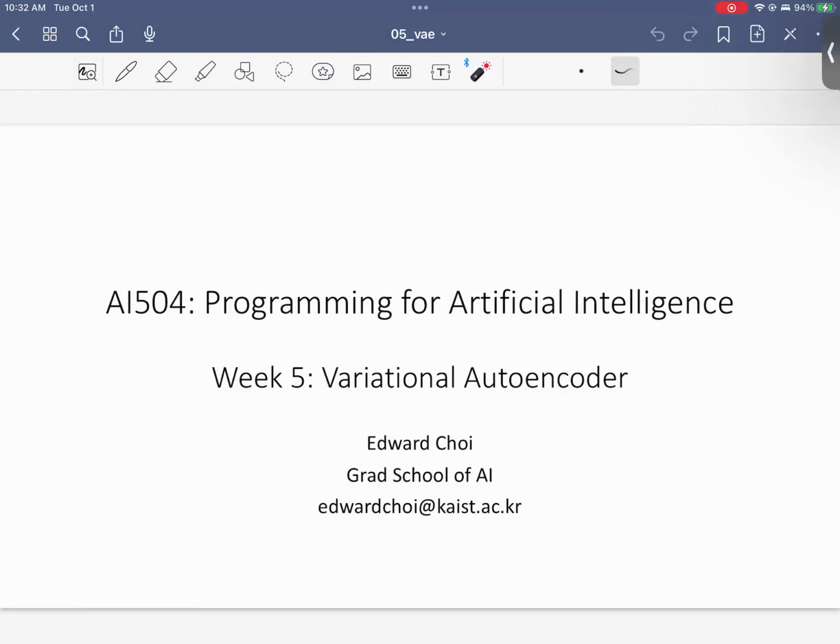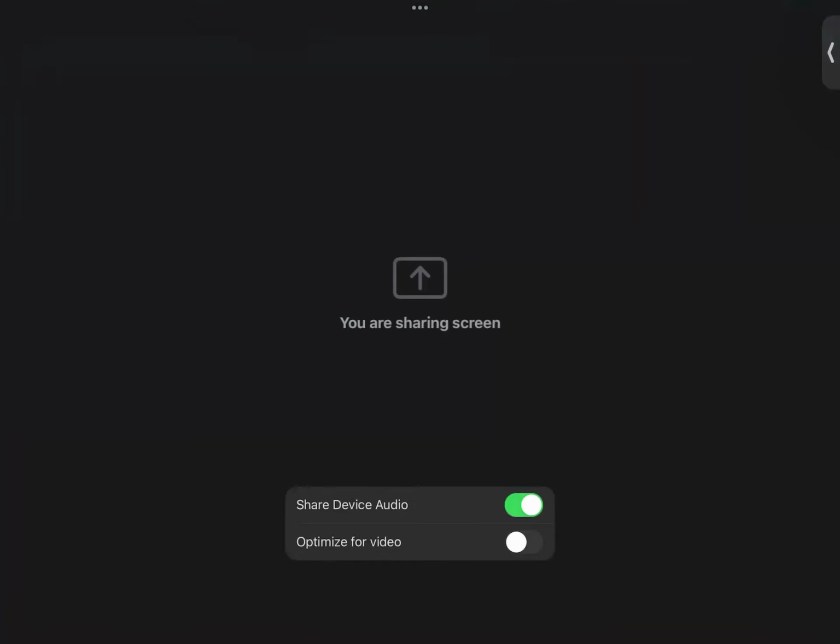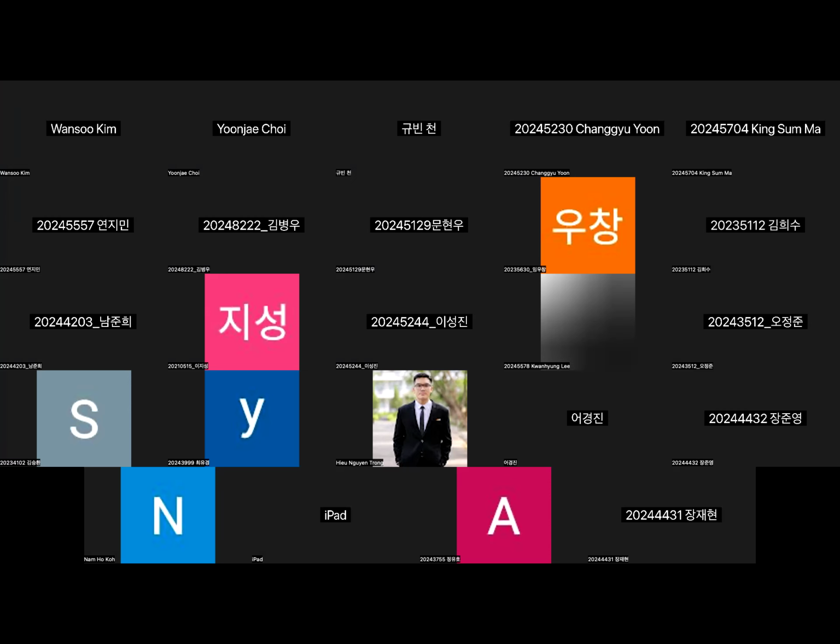I actually think I need to reshare my screen. Something's wrong with my GoodNotes. Yeah, I'm sorry, just give me a second.